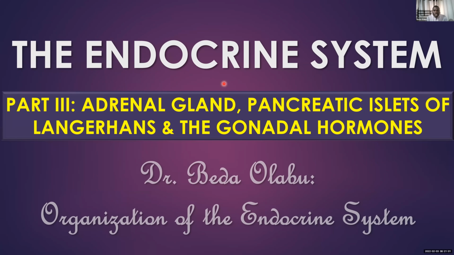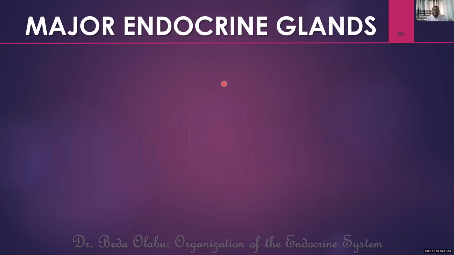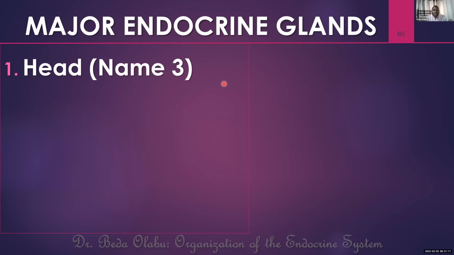Just to orient you on where we've been before, remember in the first part of the lecture on endocrine system, we looked at introductory concepts of the endocrine system. Then we also looked at the endocrine glands of the head region.